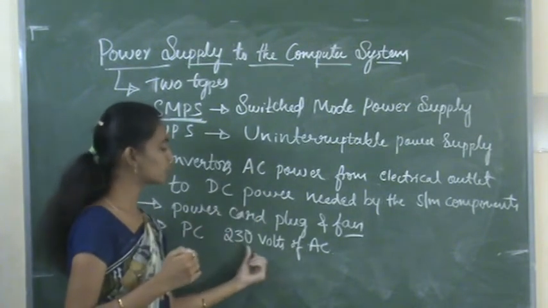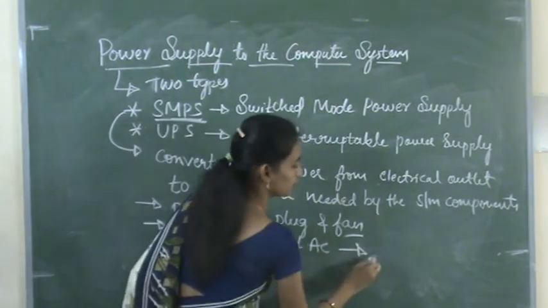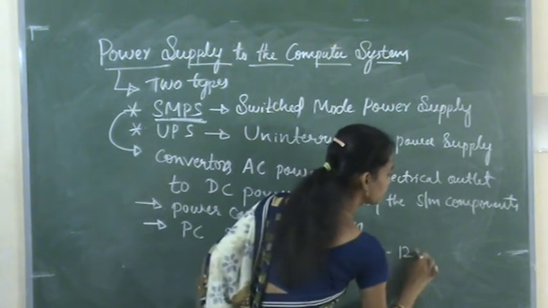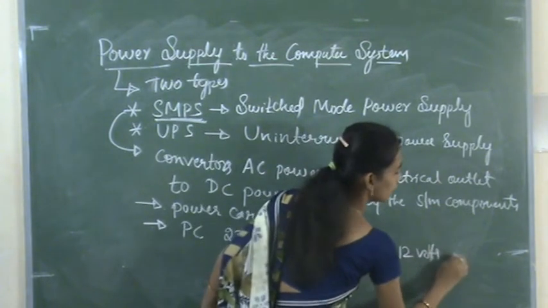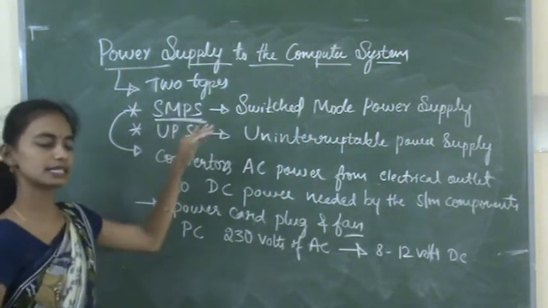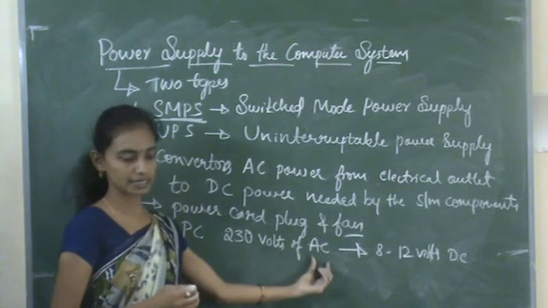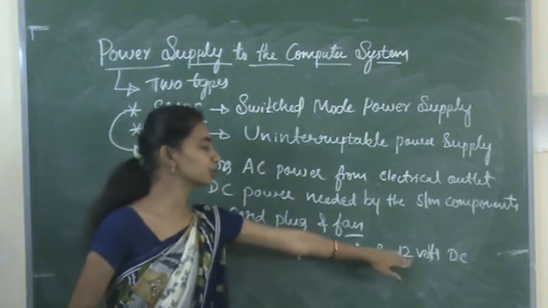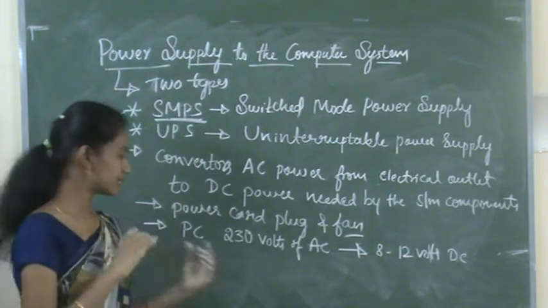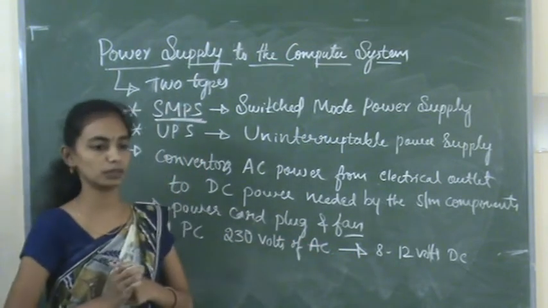So around 230 volts of AC current is converted to 8 to 12 volts of DC current, in this range.